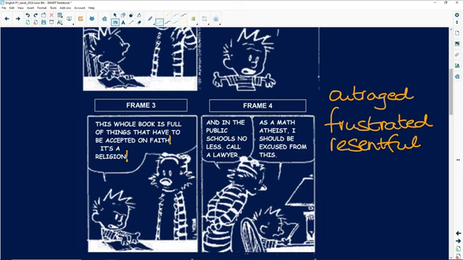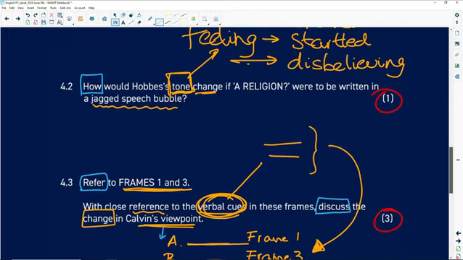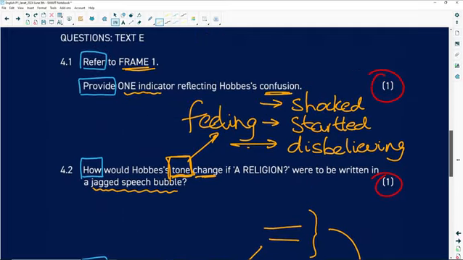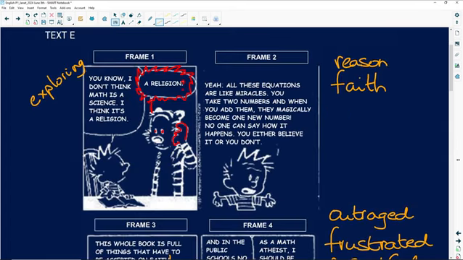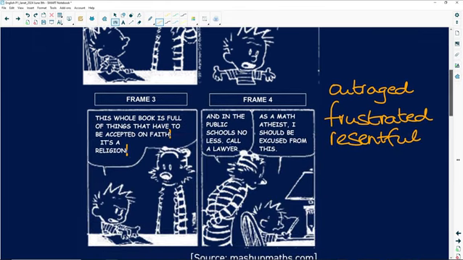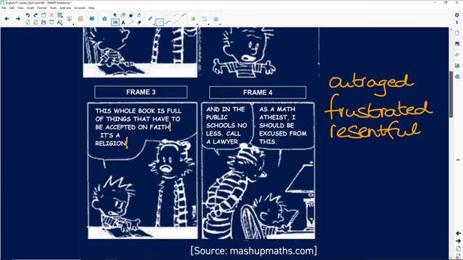So that is the difference. So when it says, where are we? The change in his viewpoint is he changes from suggesting that maths is irrational and suggesting that things must be taken on faith to being outraged and frustrated and resentful because that's the way things are.